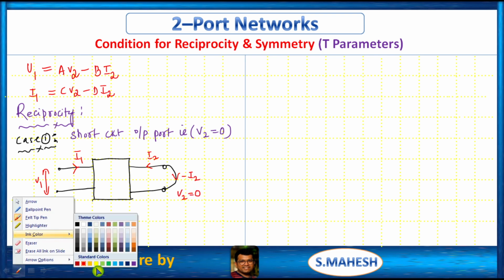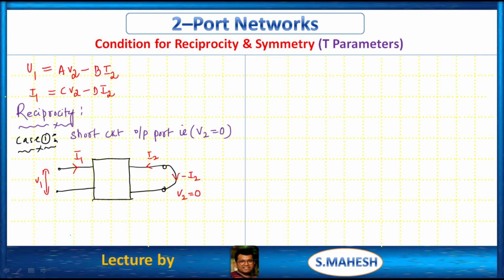Therefore here the required condition is what? Response is I2, excitation is V1, so we have to get I2 by V1.